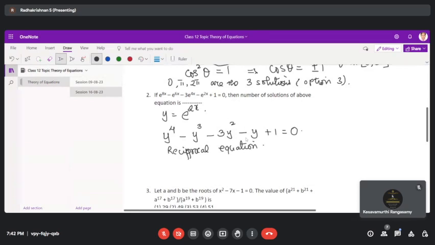Similarly, y cube coefficient matches with y's coefficient and so on. So this type of equation is called a reciprocal equation, which can be solved using a particular method. Try to solve that.